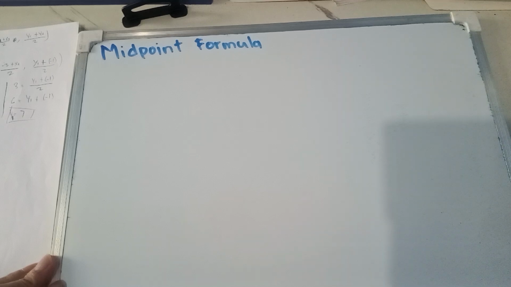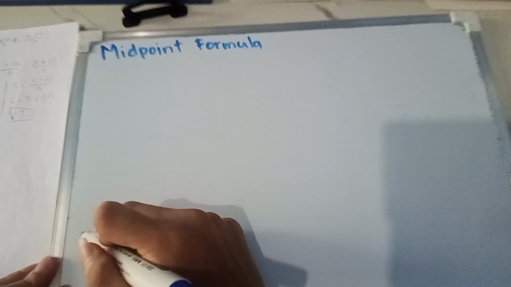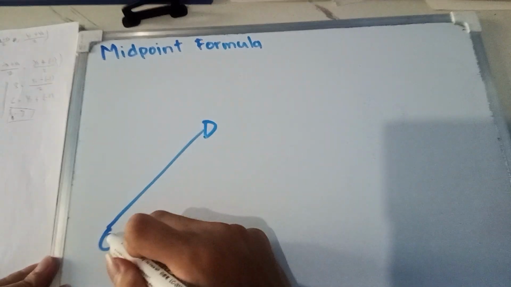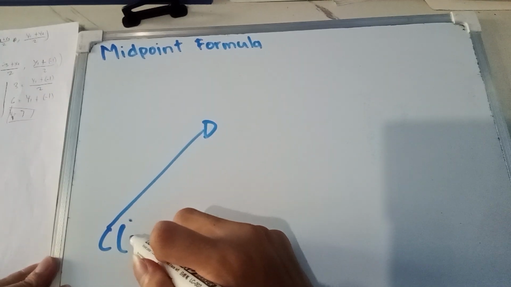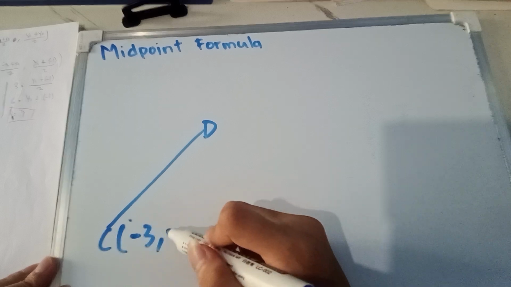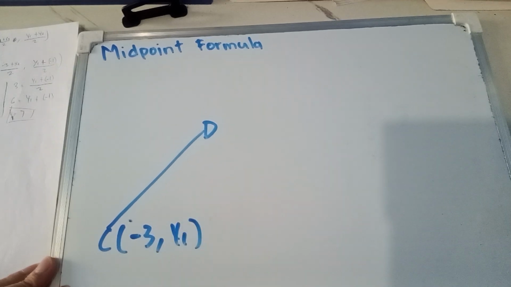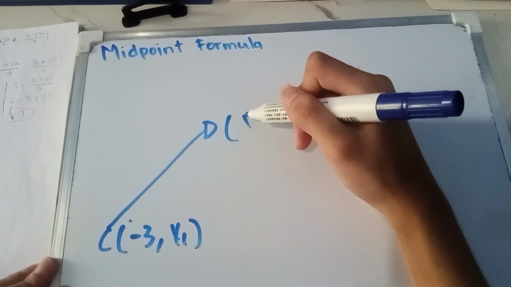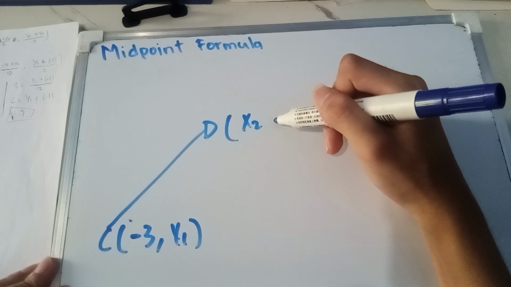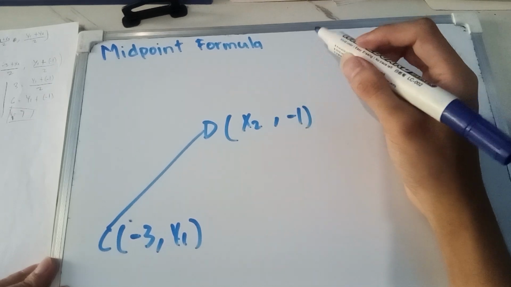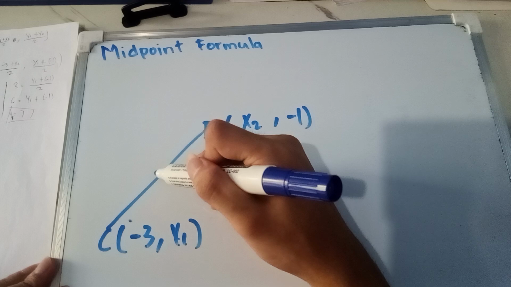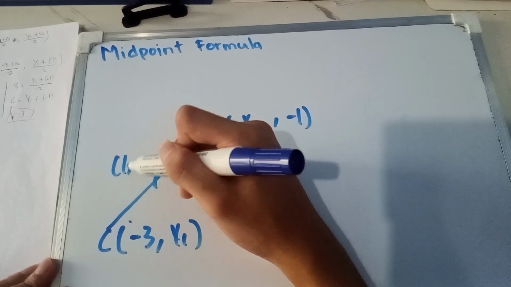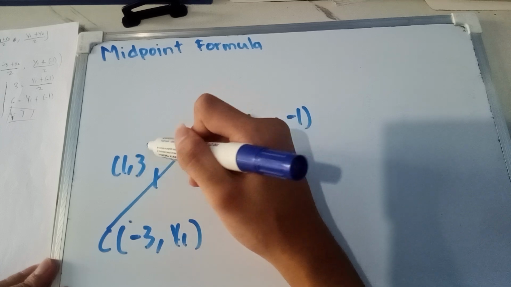Now, for example, we have 2 points here, C and D. Point C has negative 3 as x and y sub 1, while D has x sub 2 and negative 1. And their midpoint, which is here, is 1 and 3.